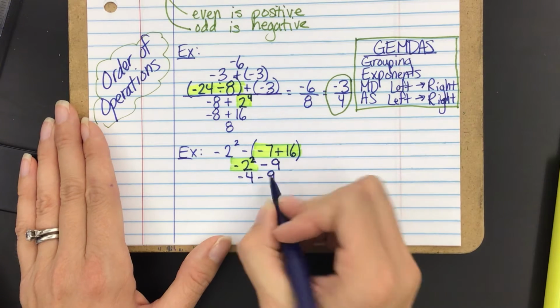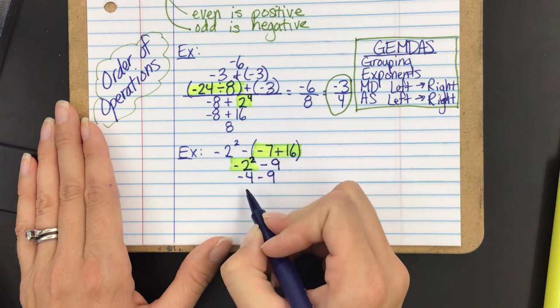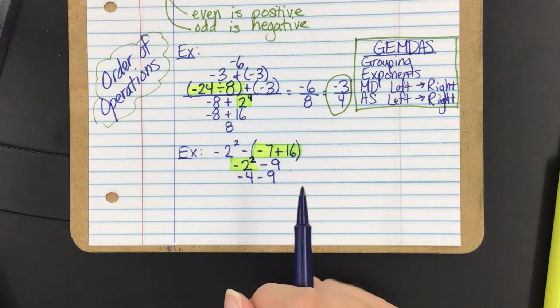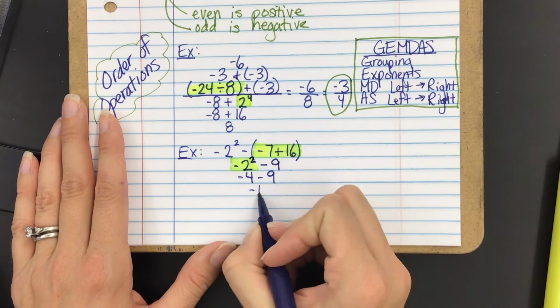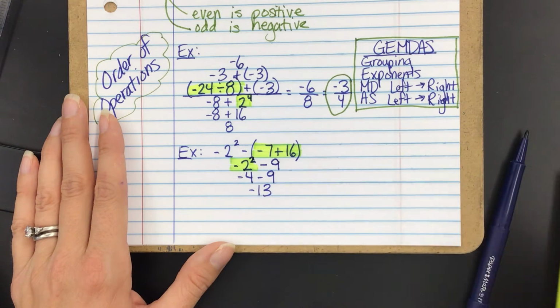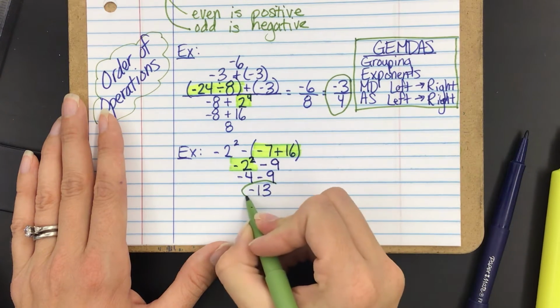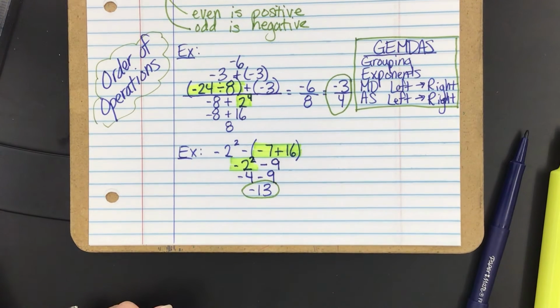If the 2 and the negative had been in parentheses, it would have been positive 4, because it would have been negative 2 times negative 2. And then here we are: negative 13.